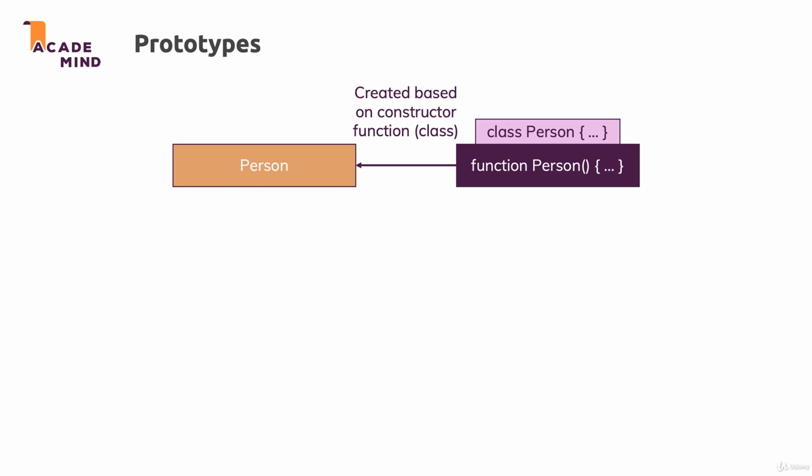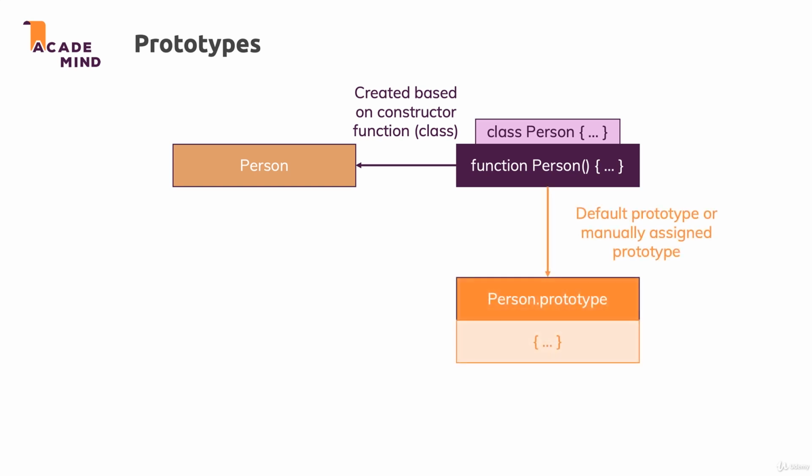In non-class-based JavaScript, and also in class-based JavaScript, but there it happens behind the scenes, this is implemented with the concept of prototypes. Every constructor function you build has a special prototype property, which is not added to the objects you create based on it, because it's not part of the function body, but a property of that function object.